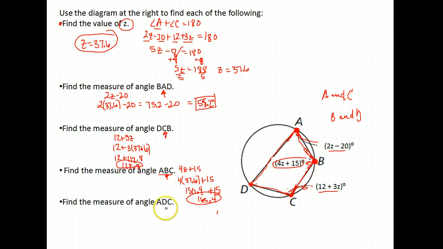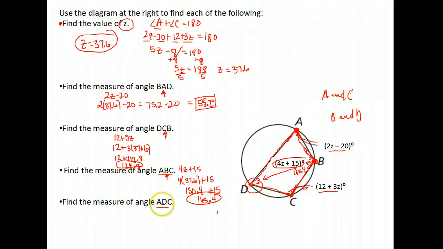Okay, finally we find the measure of angle ADC. That's this angle right here. It was opposite angle B, and we just found that angle B is 165.4. We don't have any measures for angle D, but again we have that property that when you have a quadrilateral inscribed in a circle, the opposite angles are supplementary.